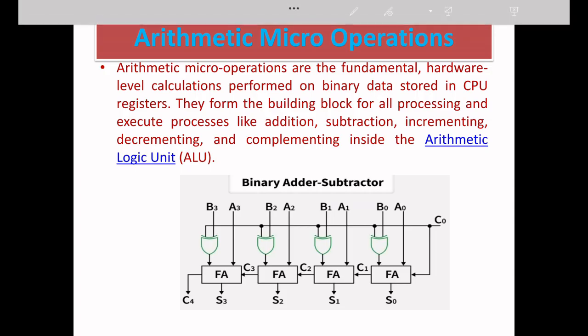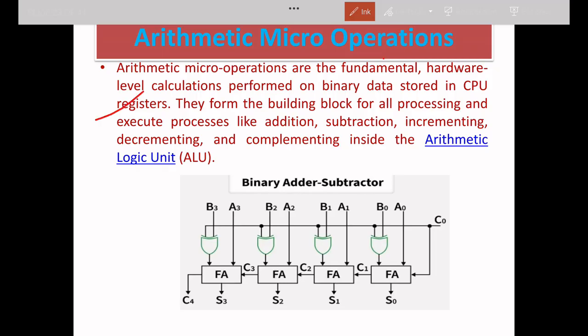Now we are discussing the new topic, the meaning of arithmetic micro operations. Arithmetic micro operations are the fundamental hardware level calculations performed on the binary data stored in CPU registers.